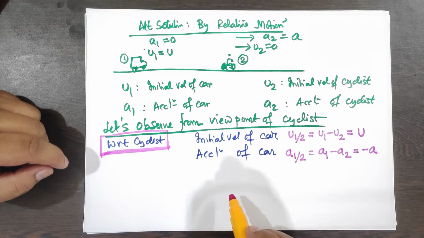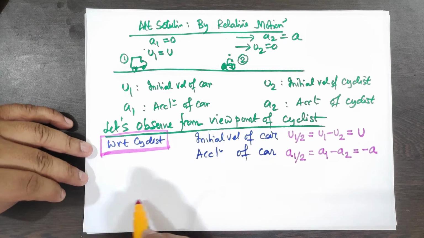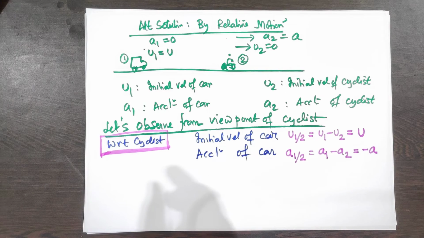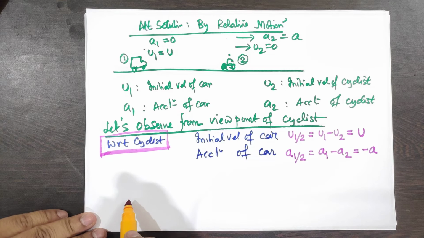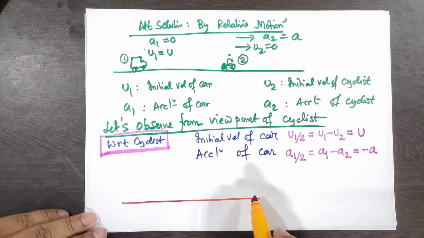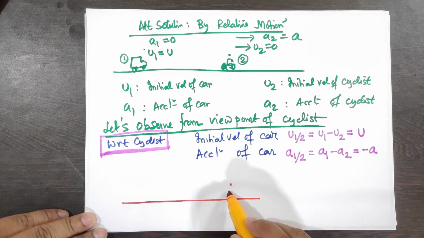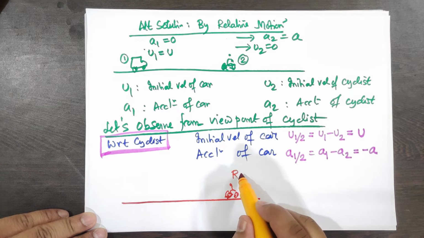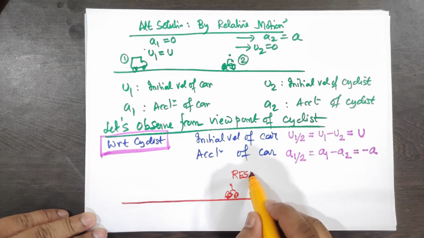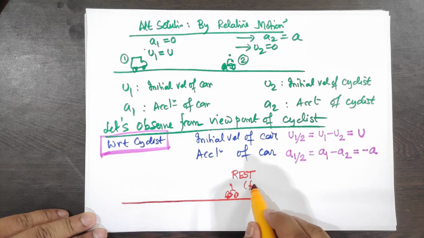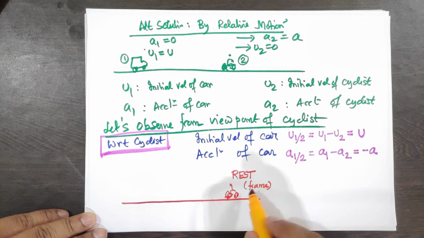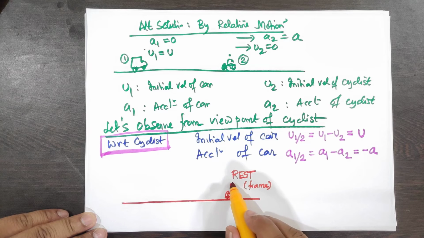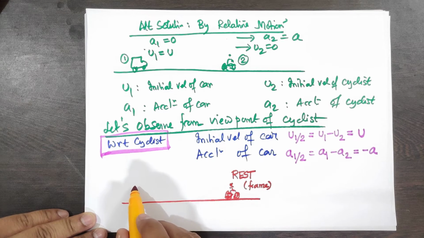So the viewpoint is very clear: with respect to the cyclist, the cyclist is at rest because it is the frame of reference.